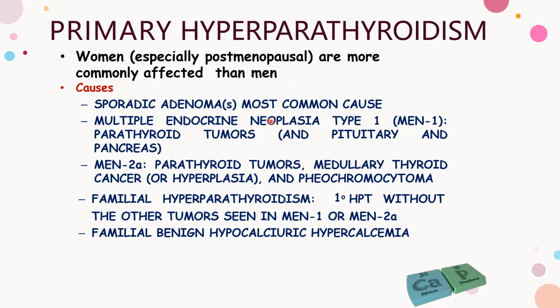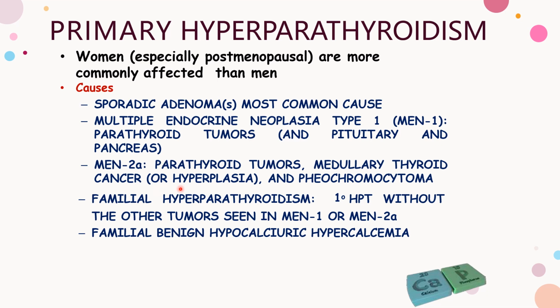Next is primary hyperparathyroidism. This is seen especially in postmenopausal women, who are more commonly affected than men. And the causes are sporadic adenomas, multiple endocrine neoplasia type 1 with parathyroid tumors, and MEN 2A, that is multiple endocrine neoplasia type 2A.